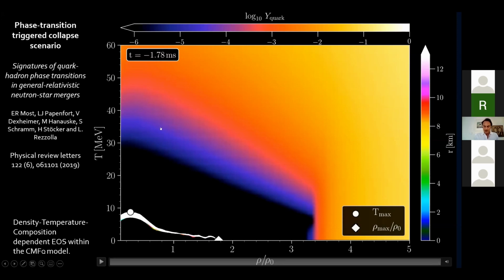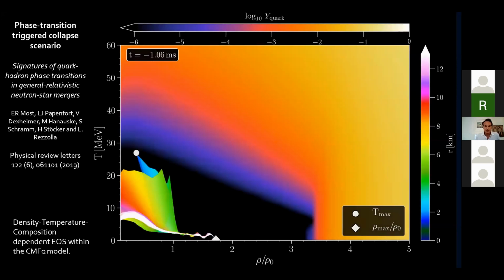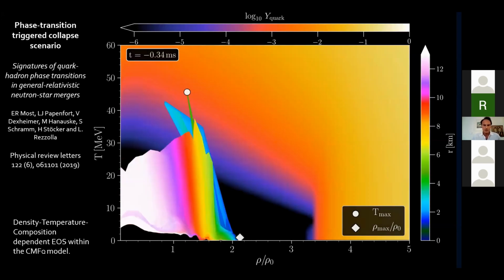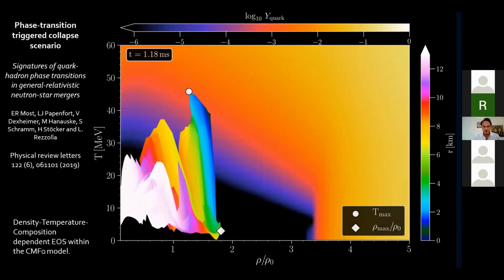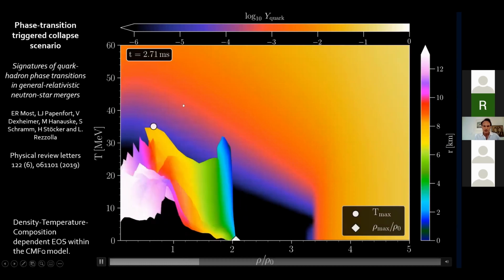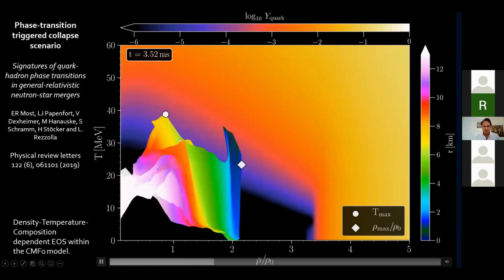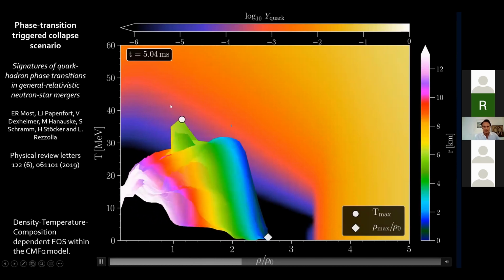So I turn on the video and we look now at what's going to happen after the merger. Now we are at merger, so this is the wild post-merger phase. You see that at some regions here, at the hot regions, which are not so dense, you get a little quark fraction.